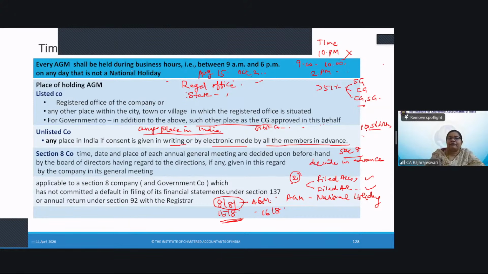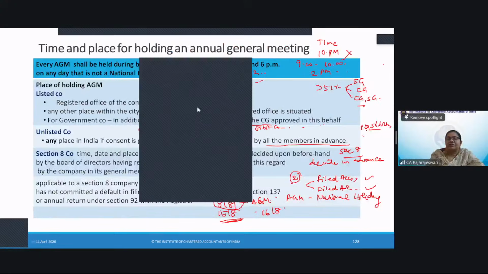So you should be careful in writing the question, since the adjourned meeting also. Sunday is not a problem. They can organize the AGM. Sunday is not a national holiday. See, the main rule is that national holiday. It cannot be held on Independence Day or Republic Day or Gandhi Jayanti.